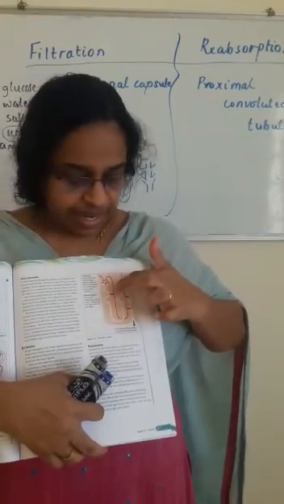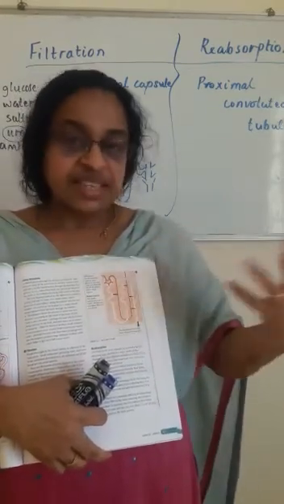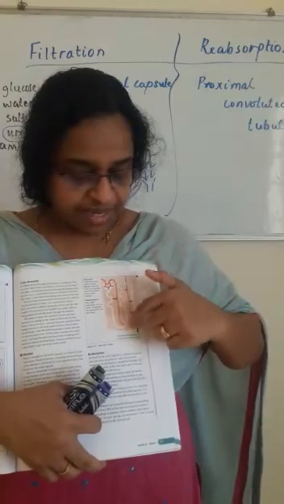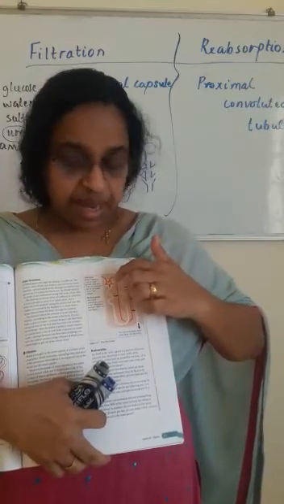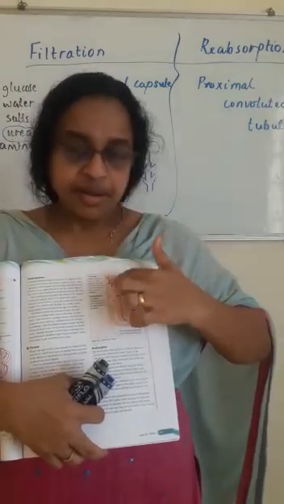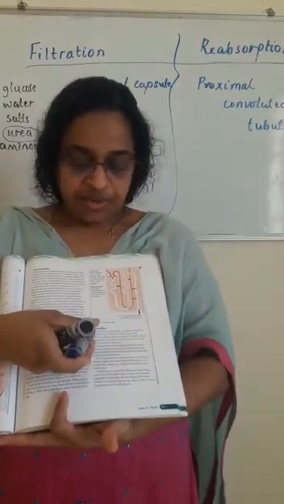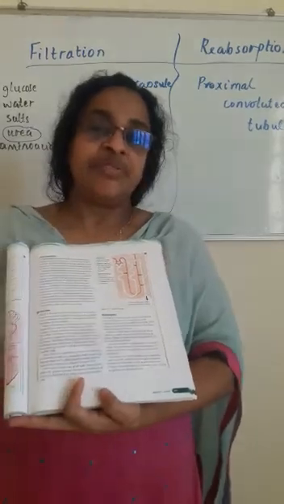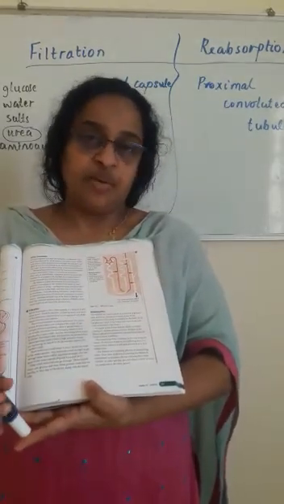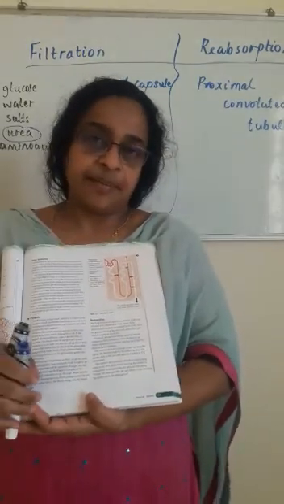The arrows will show you which things are reabsorbed back into the blood and which things are filtered out from the blood. Hope you understood this. Figure 12.7 on page 157.